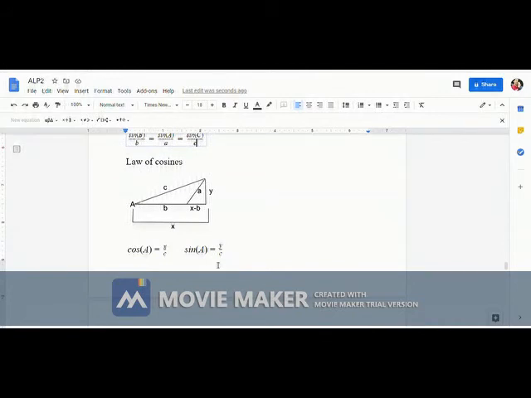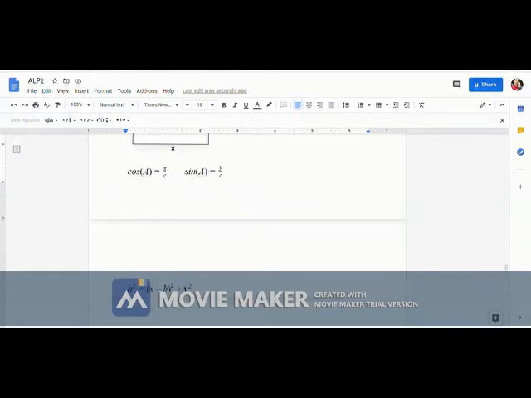Now for the law of cosines, we have this triangle here with the x distance here and the y distance here, but the triangle has sides of b, a, and c, and angle A. We drop a vertical line here to create a right triangle to be able to prove our law of cosines.